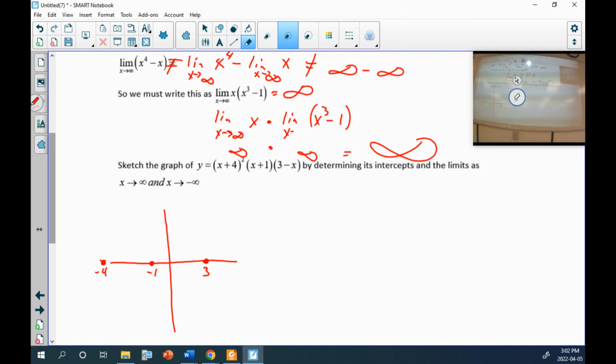What's the y intercept, Sean? How do you get the y intercept? You're correct. So we have 4 squared, 16 times 1 times 3. So we have 48.